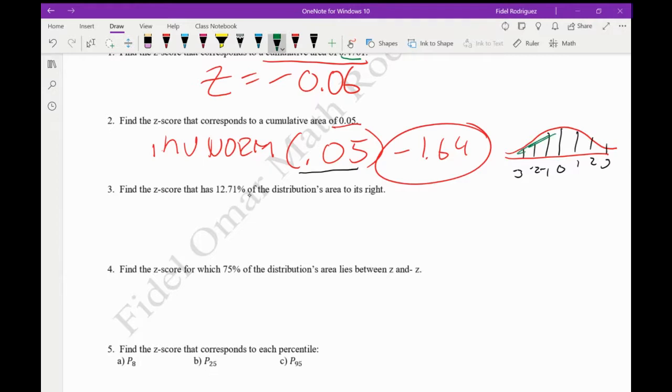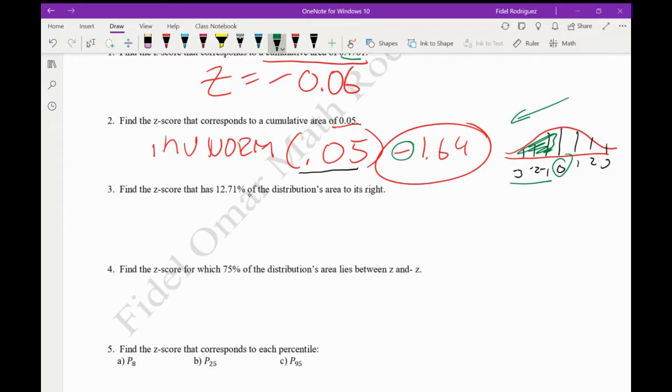If you remember, the area under half the curve is 0.5. So 0.05 is going to be somewhere to the left of 0. And if it's to the left of 0, it's telling me that my answer should be negative. So at least I'm getting an idea of whether my answer should be a positive number or a negative number.